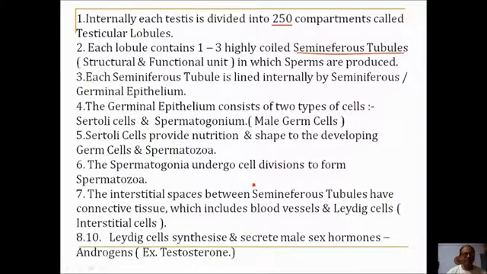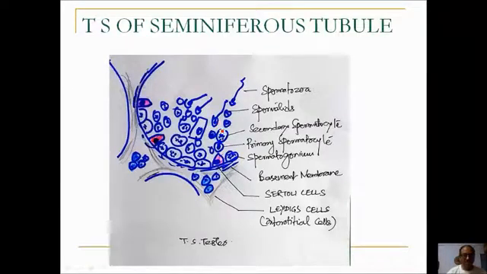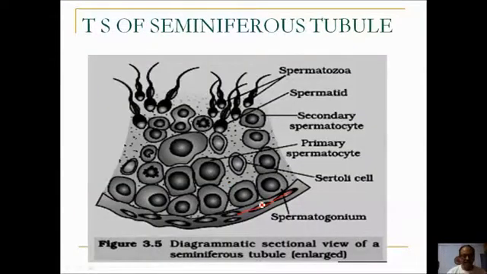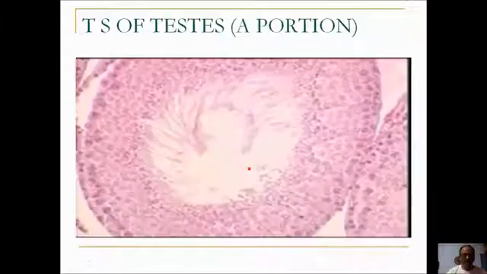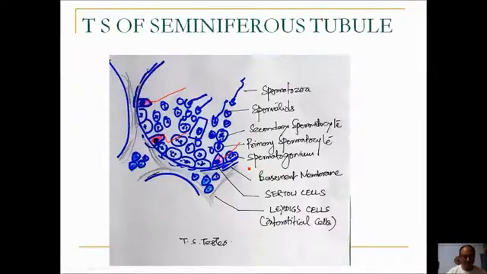Then this germinal epithelium consists of two types of cells: Sertoli cells and spermatogonia. You can see the Sertoli cells, these are the red cells in between. They are different in shape because their role is different.